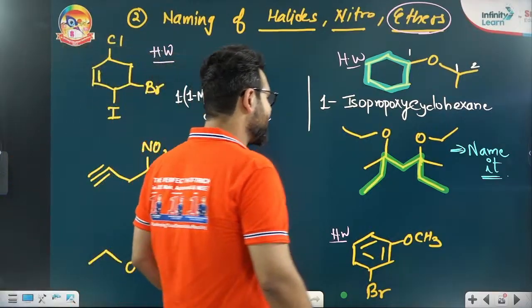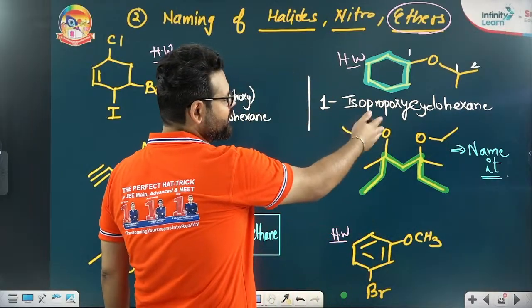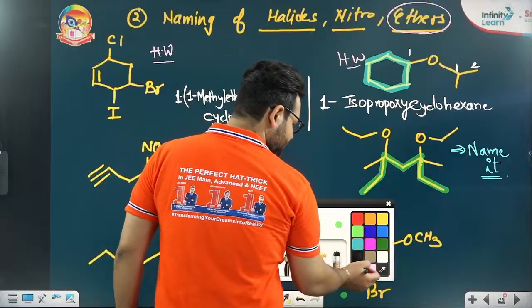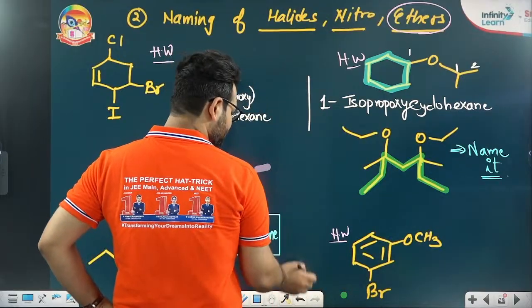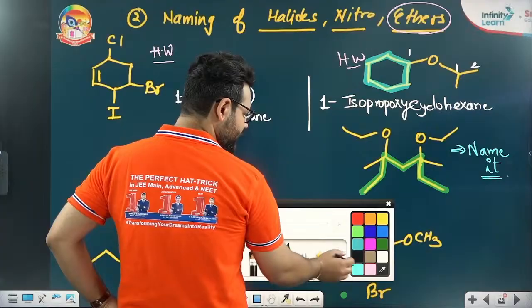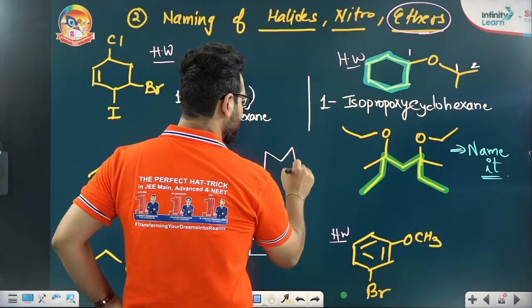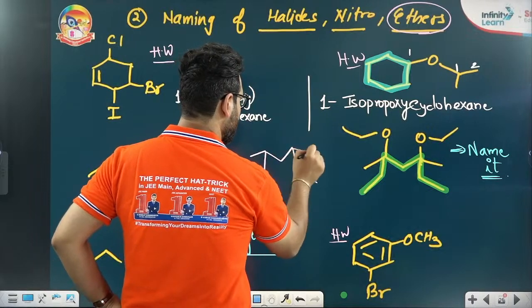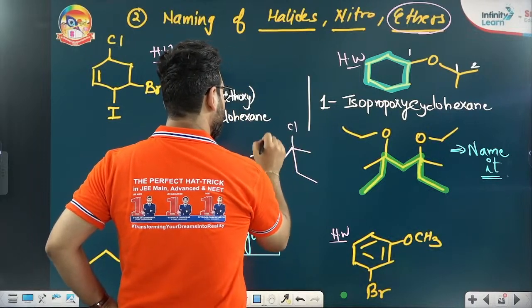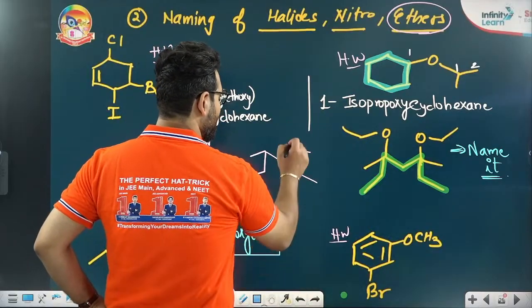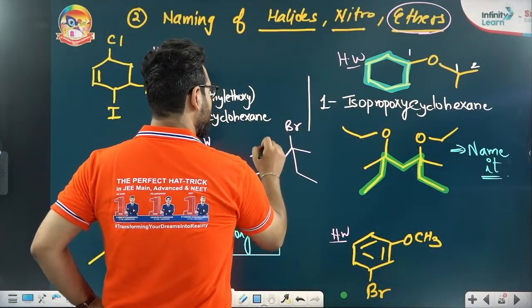Just think of it like if there was no OR group attached, if there was just Cl's here, let's say this was the compound. Were you not able to do this if it was like this? Will you be able to do it if the compound was this one?